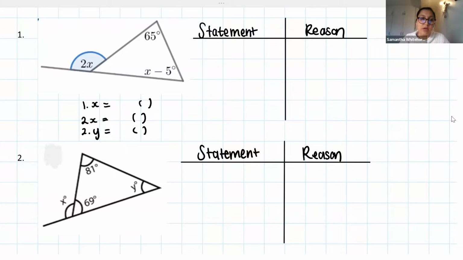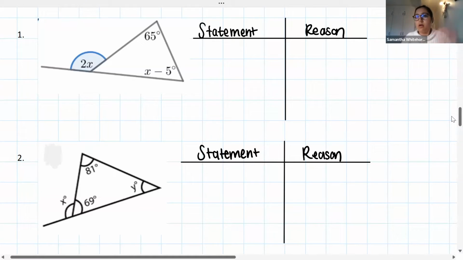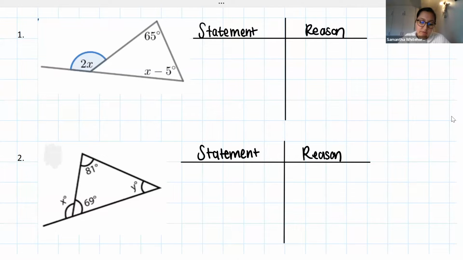I'll try as we go along, as I always do, to give you those different reasons. Often there's 2 or 3, not 7 different ways to do it. I will try my best to give you alternate reasons as we do the answers. All right, I'm going to give you 1 more minute.